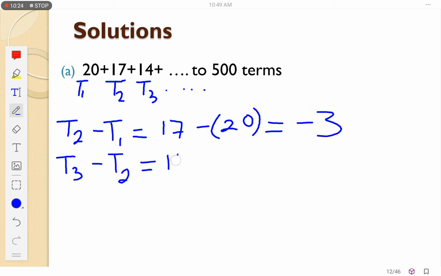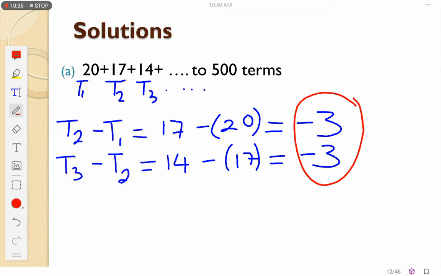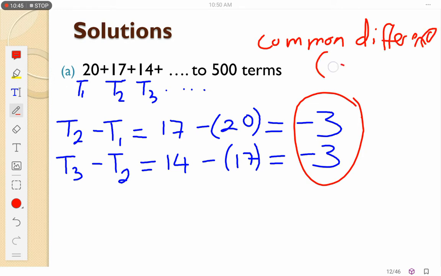I've got 14 minus 17. I'm also getting a minus 3 there. So when this happens, it means I've got a common difference. And when we have a common difference, it's denoted by D. It means it's an arithmetic series.